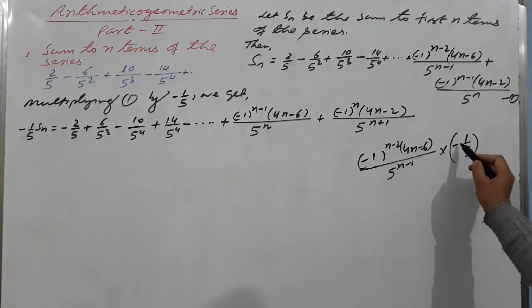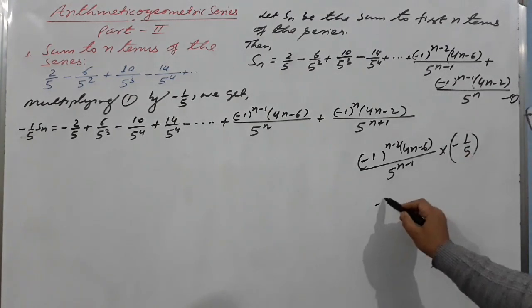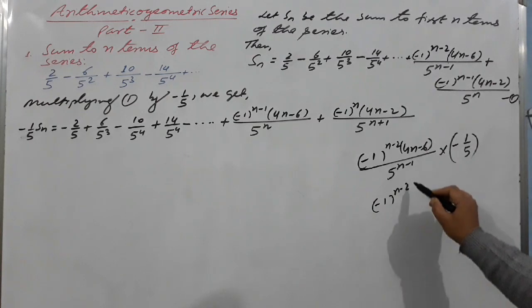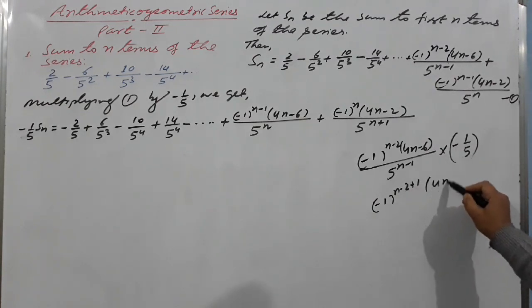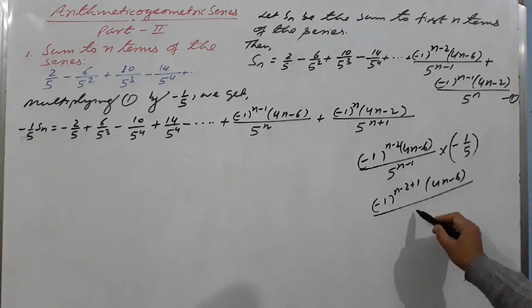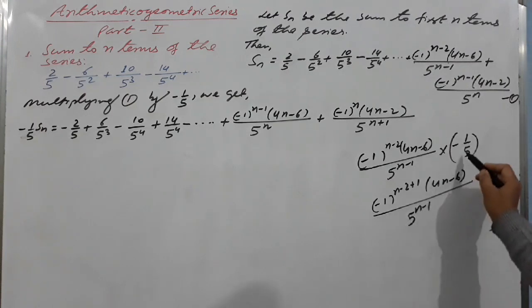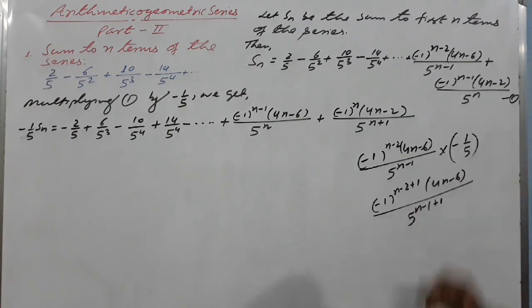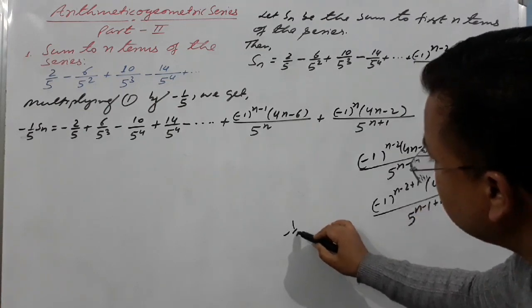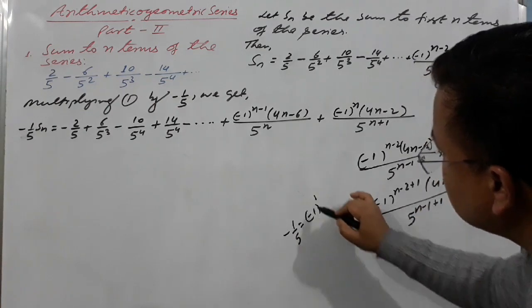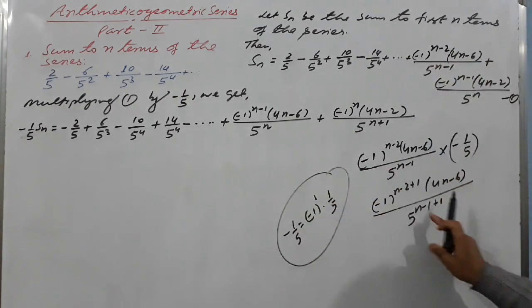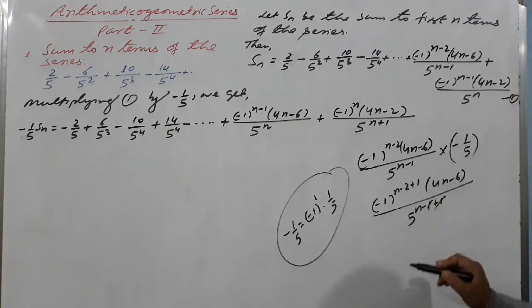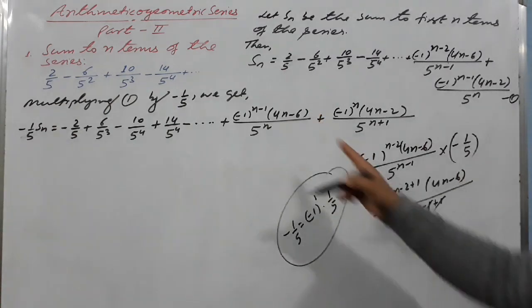Okay, so negative means negative 1 raised to power 1. Negative 1 raised to power minus 2 plus 1 here. 4n minus 6 over 5 raised to power n minus 1, here 5 and plus 1. So negative 1 upon 5 means minus 1 raised to power 1 into 1 upon 5. So using this concept we have written this, and I cancel minus 1.